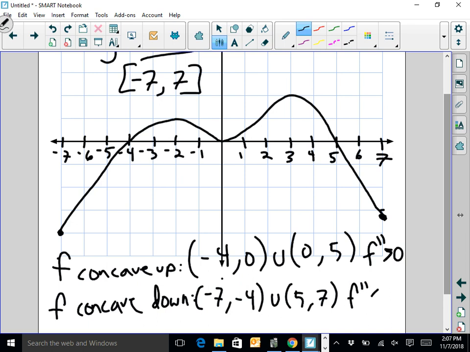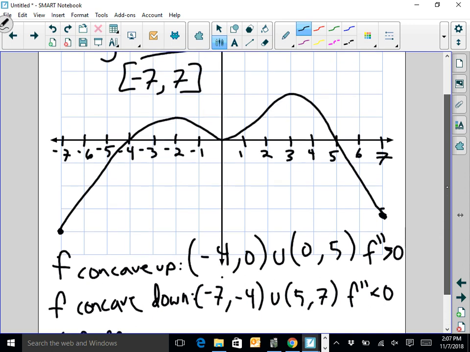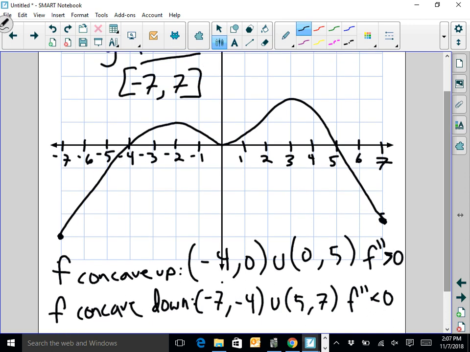Last thing I want to look at is inflection points of F. Inflection points of F are when F double prime switches signs. That was the first definition we learned. Inflection points of F are when F double prime switches signs, when I change concavities. Or we could think of it as where F prime goes from increasing to decreasing or vice versa. Well, that would be great if I had an F prime graph, but I don't. I have an F double prime graph.